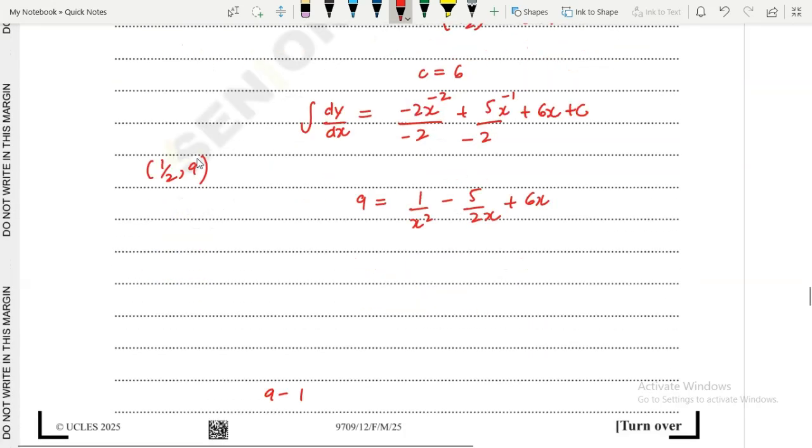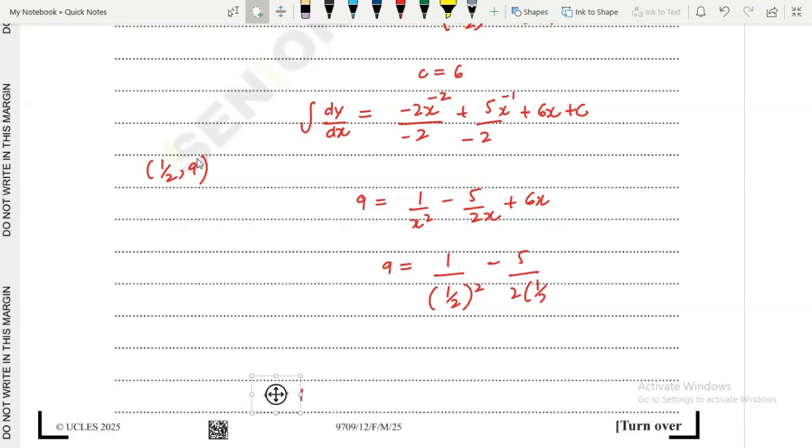So x was half, so 9 will be equal to 1 over (1 by 2) square minus 5 over 2 into half, so this becomes plus 6 into half and plus c.